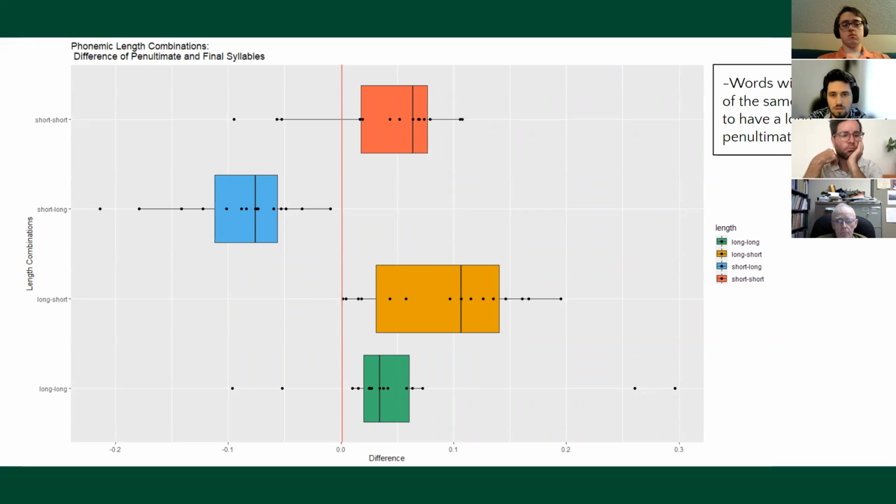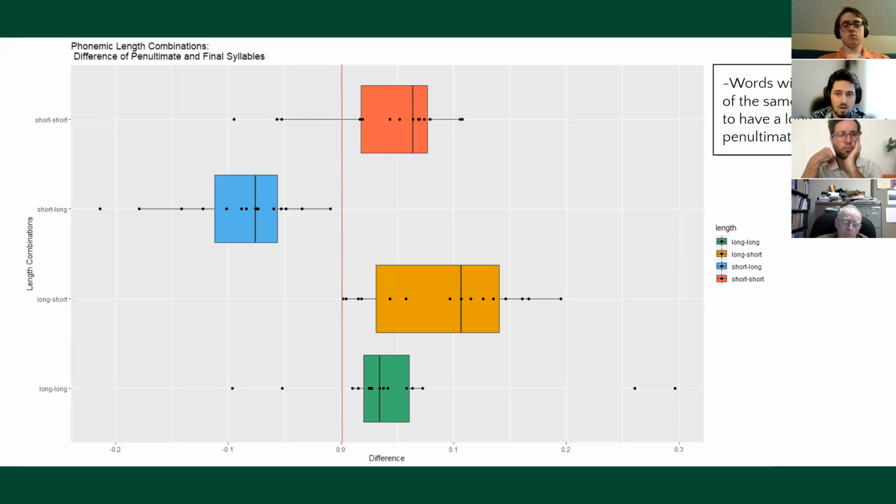So this figure shows us the difference of the penultimate vowel's duration minus the duration of the vowel in the final syllable. This meaning that taking whatever duration of the vowel in the initial syllable, or the penultimate rather, and then subtracting the duration of the final syllable, we come to these measurements.